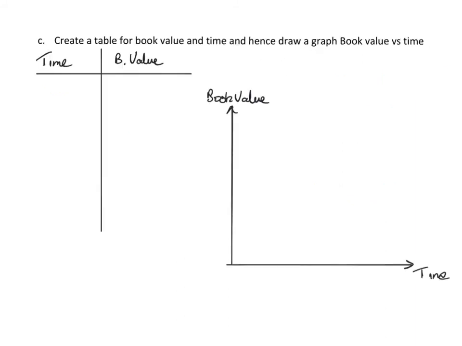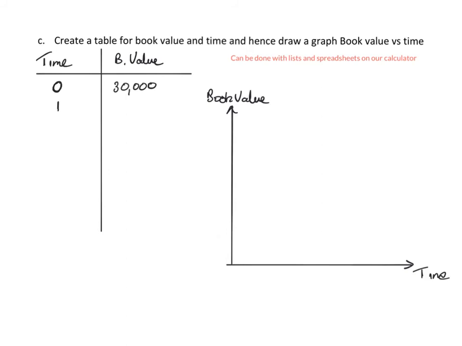Create a table for book value and time, and hence draw a graph, book value versus time. Now, this is something that we will be able to do on our calculator as well as manually. So looking at it manually here, we know that when time is 0, the book value, or the price of the tractor, is $30,000.